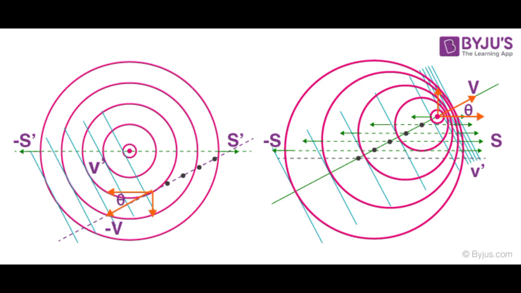If the observer is near the object, then the frequency or the pitch of the sound is high and the wavelength is low. However, if the stationary observer is away from the object, then the frequency is low while the wavelength is high. The Doppler effect is the apparent change in the frequency of waves due to the relative motion between the source of the sound and the observer.